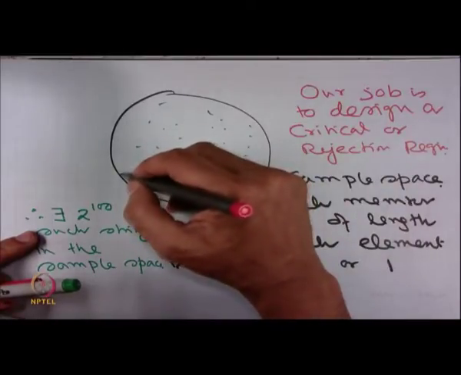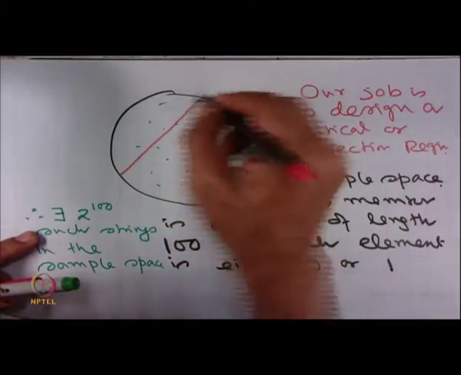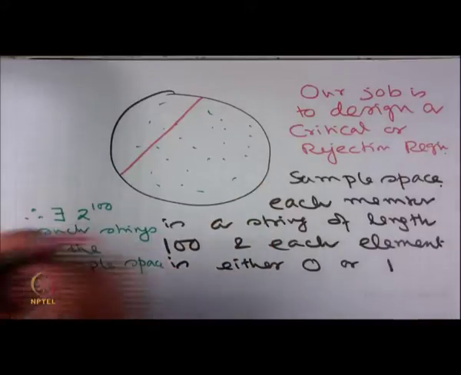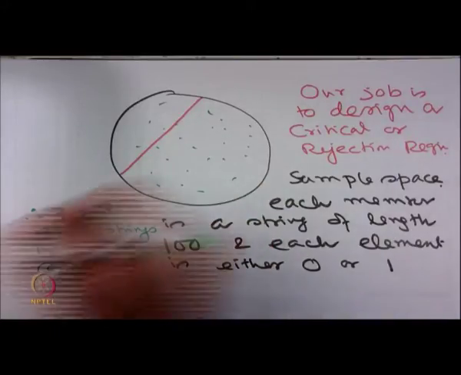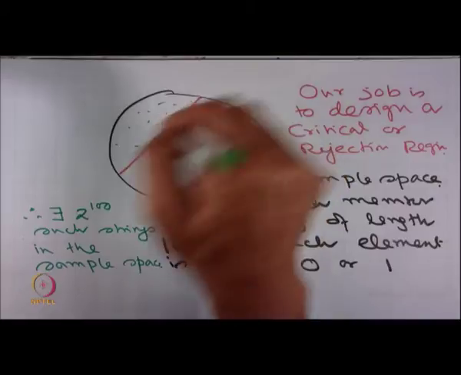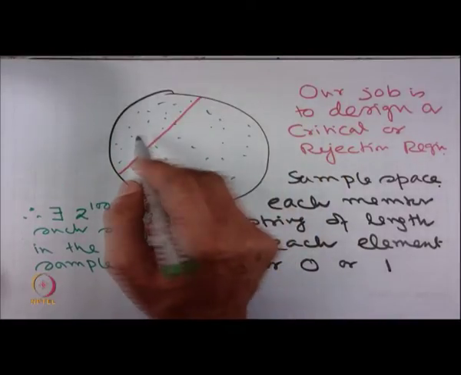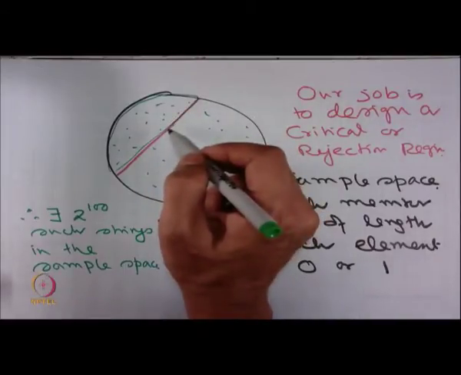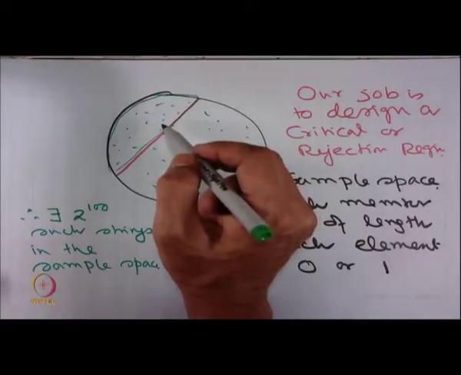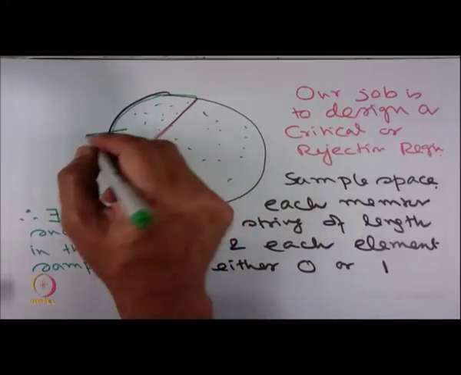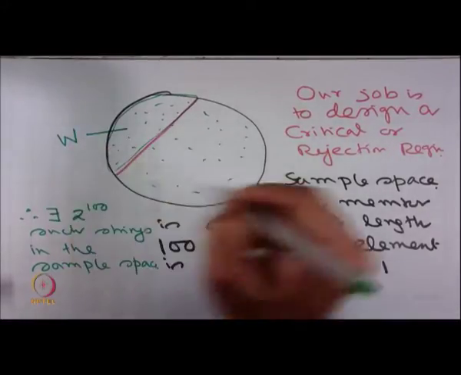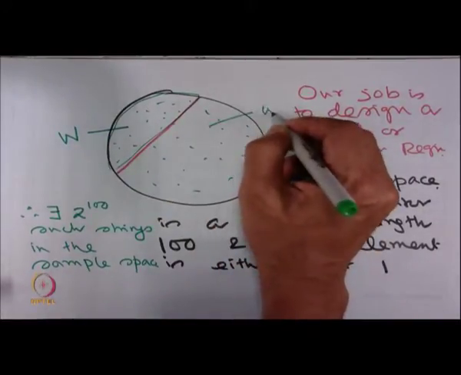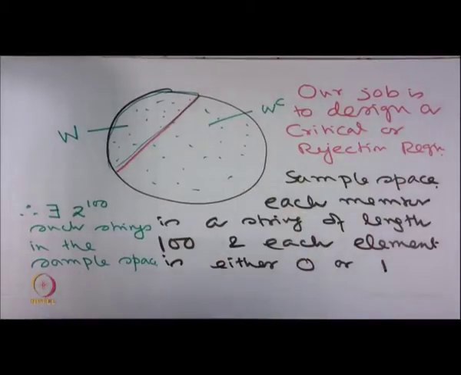Say we decide this is to be our critical region, so that if the outcome is falling in this part of the sample space, then we are going to reject the null hypothesis. So, this is called W, and this side is called W complement, which gives us the acceptance region.